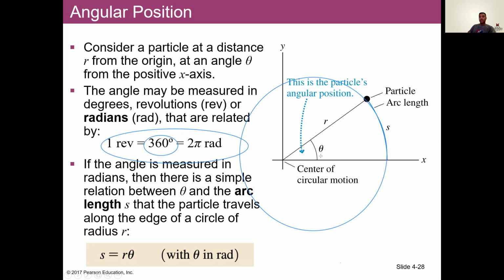In angular terms, you are going to say that this particle has traveled 360 degrees. In another unit, you can say that this particle has traveled 2 pi radians. So 2 pi radians is nothing but the same as 360 degrees.